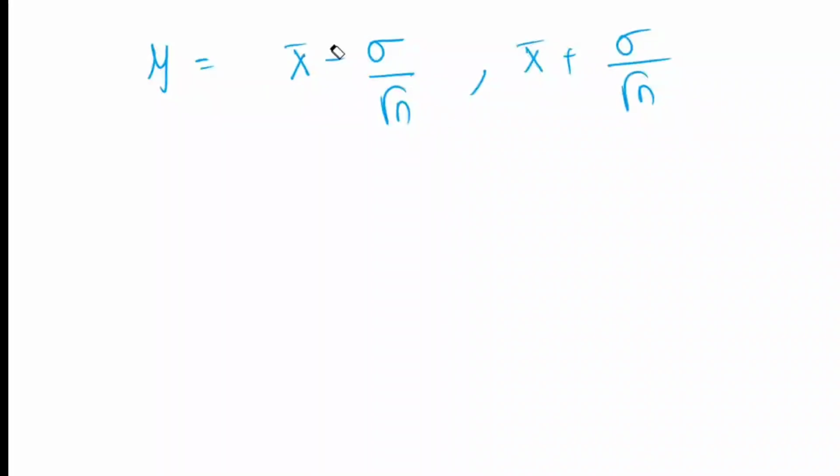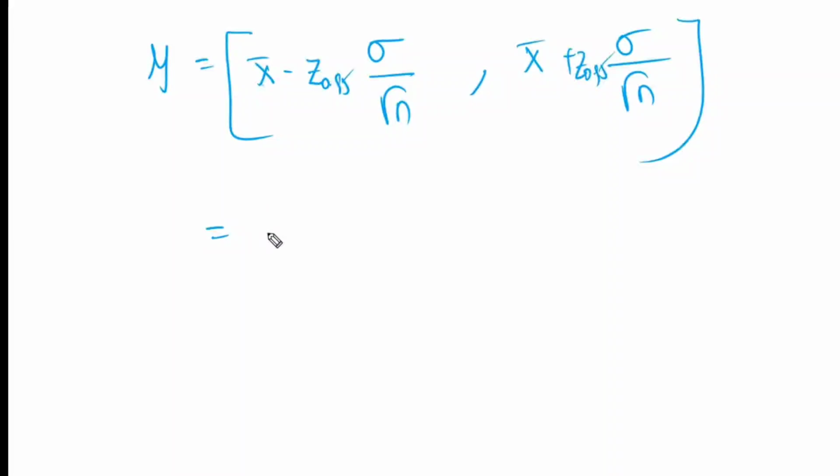Now, if you want 95% confidence, what you have to do? x bar minus z of 0.95. Here, x bar is 32. 32 minus z of 0.95, which is 1.65, into the sample standard deviation.